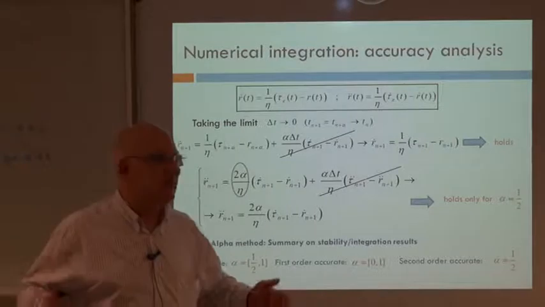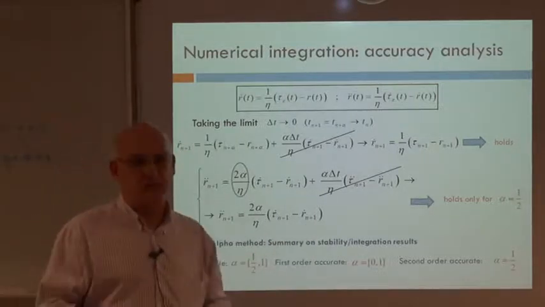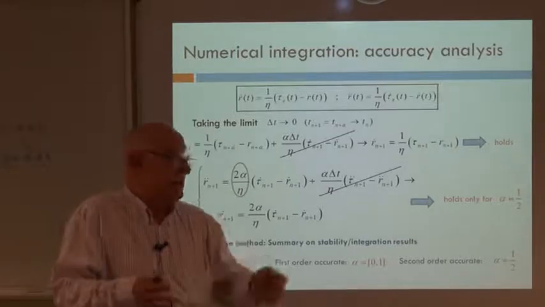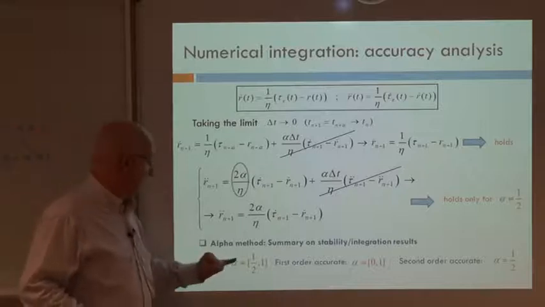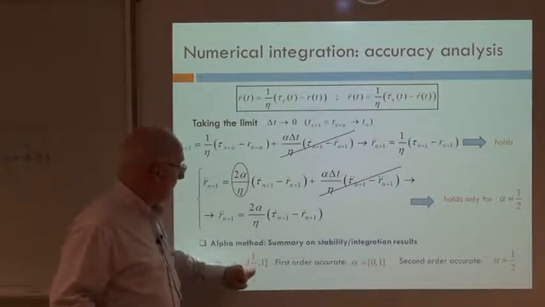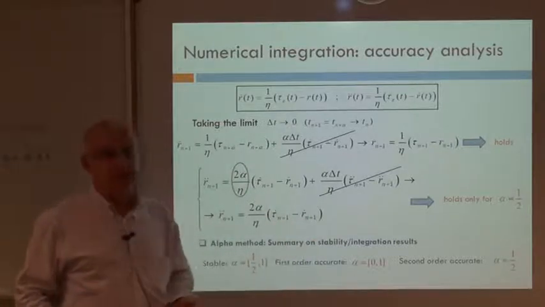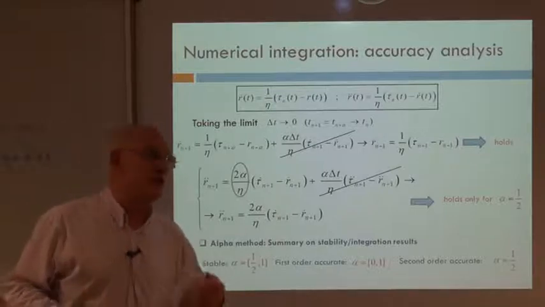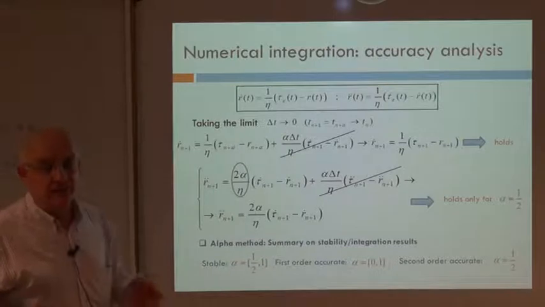So you can expect, as delta t tends to 0, convergence to the analytic solution of the partial differential equation, so to the analytic solution of the problem. Then, when alpha belongs to the interval 1/2 to 1, so when alpha is greater than 1/2 and of course smaller than 1, then the integration is unconditionally stable.